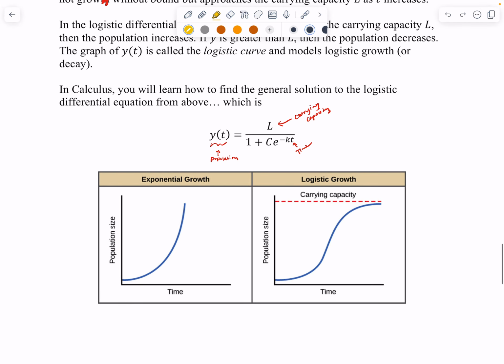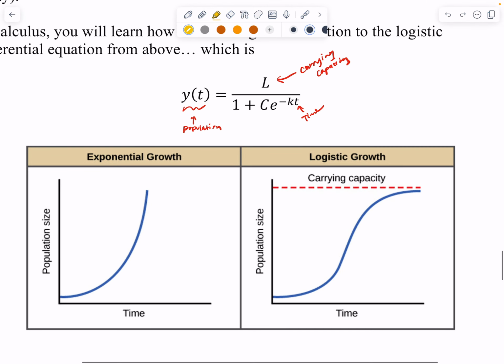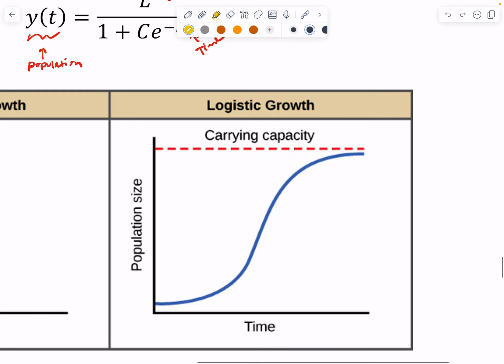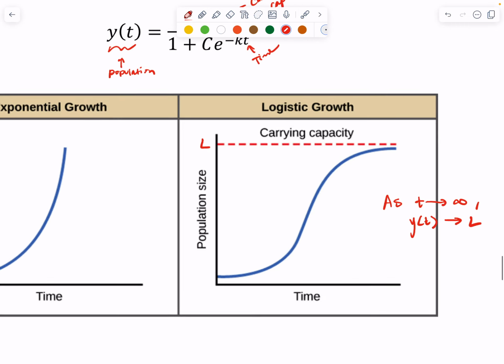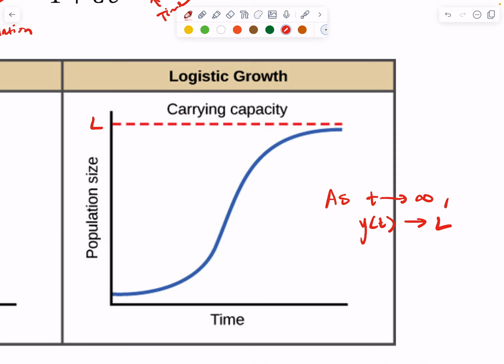But there's comparing an exponential growth graph and then a logistic growth graph, right? L is the carrying capacity. So we can see that as t is approaching infinity, y of t would be approaching whatever L is, whatever that carrying capacity is. And we can also see with the logistic growth model that at first the growth is kind of slow.